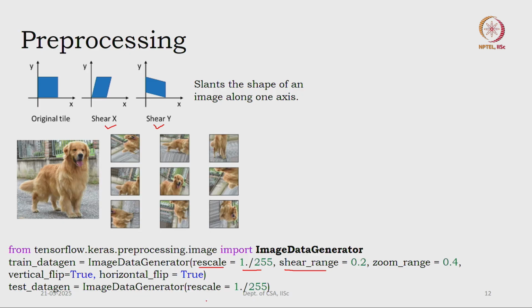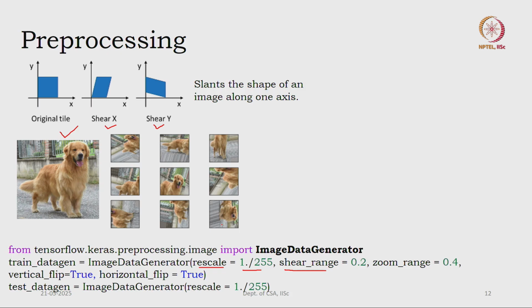This is an example. When you consider this as an input image, you see here the different orientations of the same image. So with this, what is one more hidden thing that we are doing? We just have one sample, one image here, and here we are getting multiple versions of the same image.